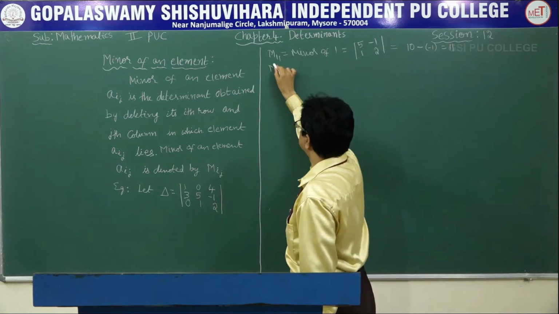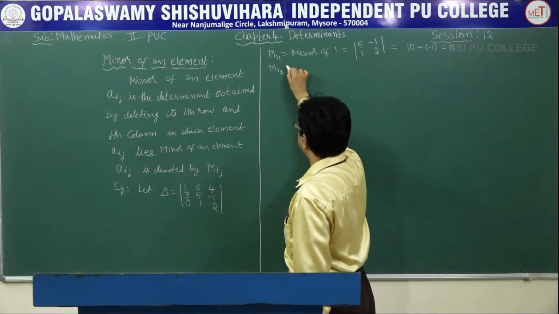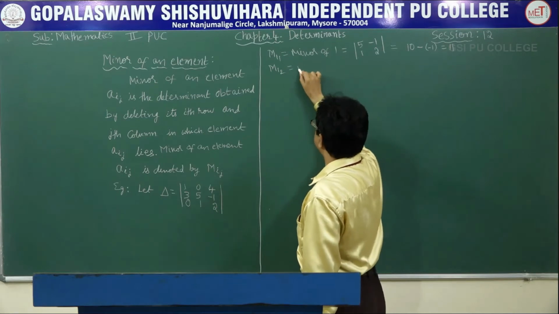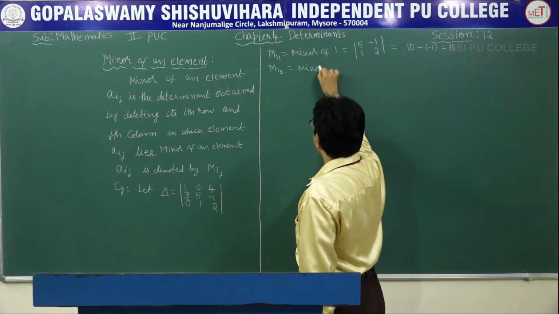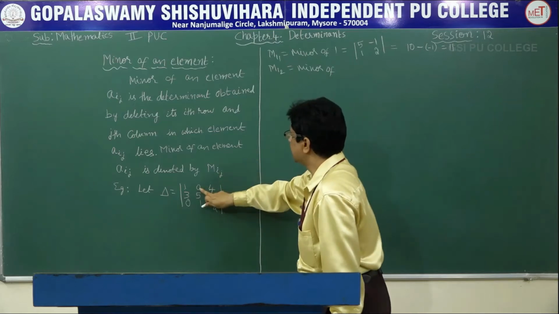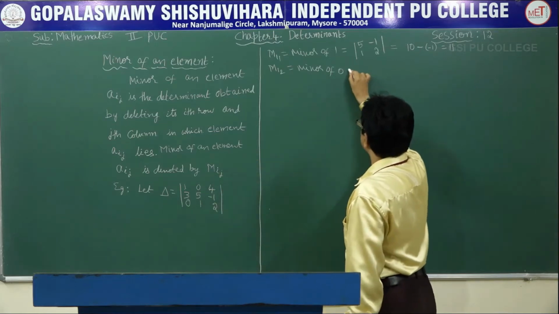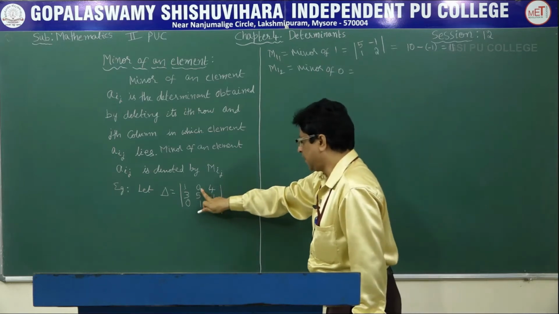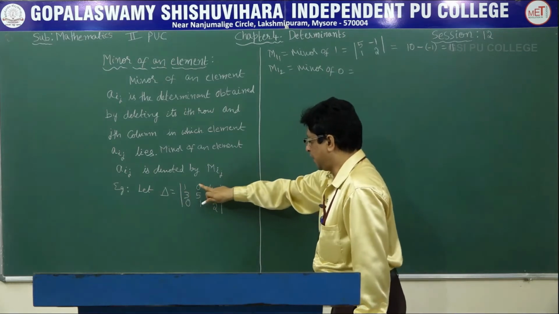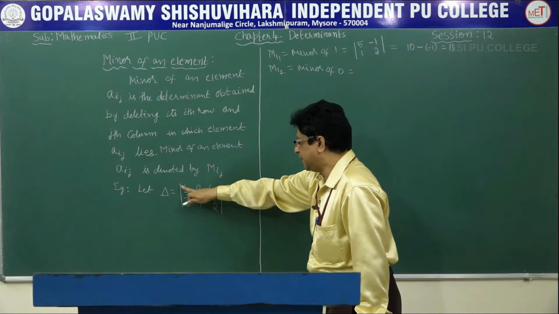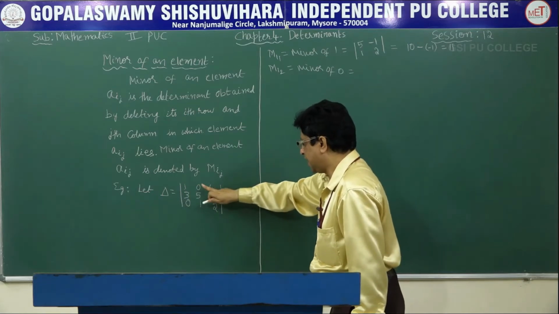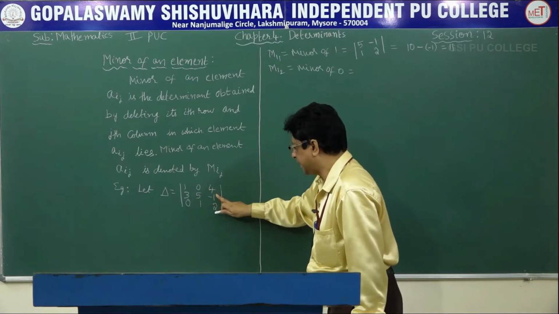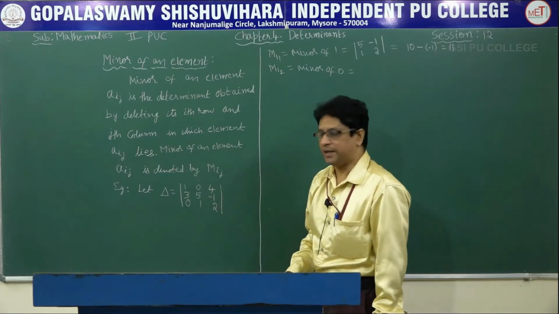Next, M12, which is nothing but minor of 0. See here 0 lies in the first row and second column. We eliminate the first row and second column and take the determinant of the remaining elements.